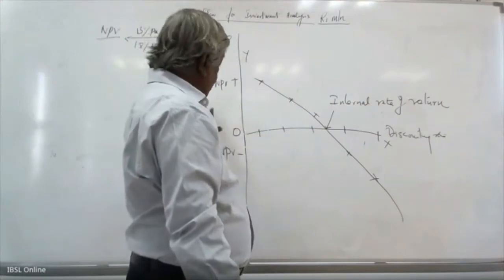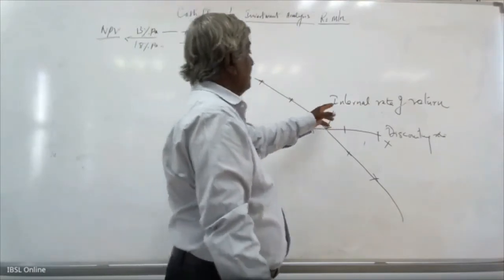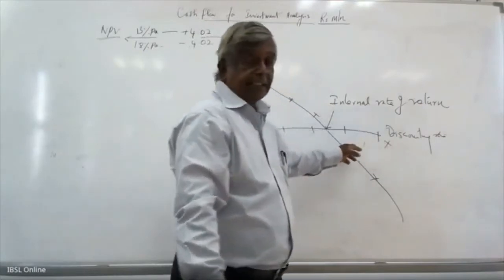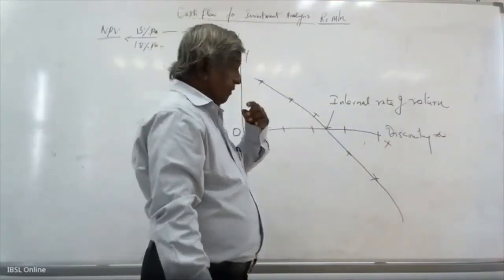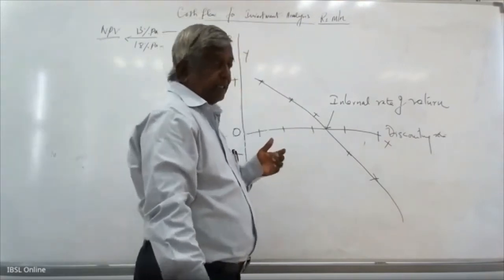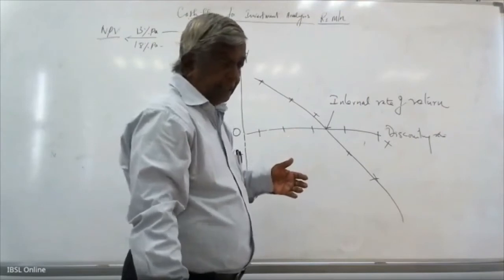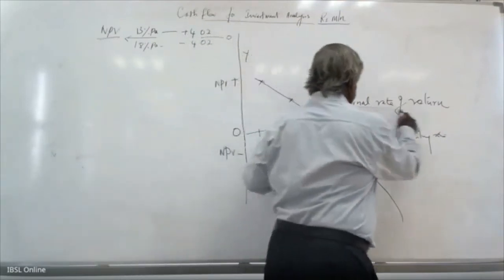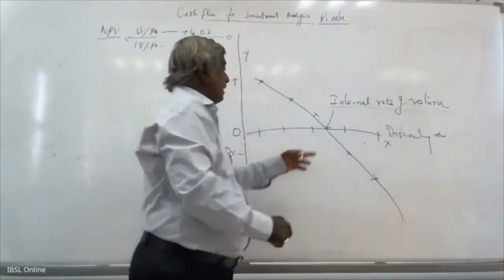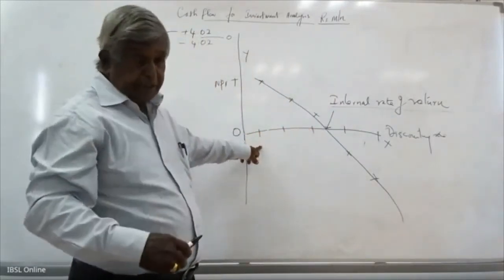If the borrowing rate, the discounting rate, is more than the internal rate of return, it is not beneficial. Once again, I repeat it. When somebody is undertaking a project, if their borrowing rate, which is going to be the discounting rate, is less than the internal rate of return, then the project is beneficial.